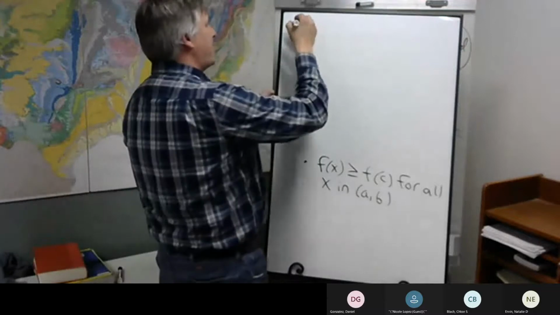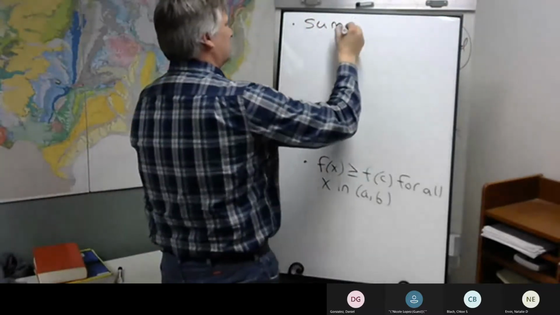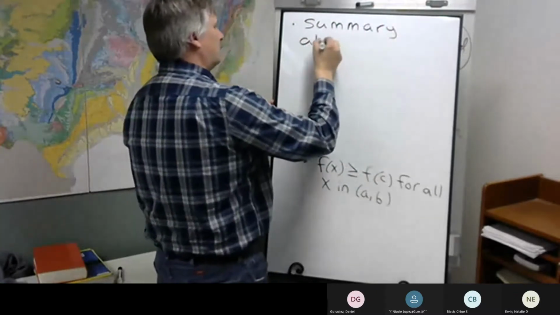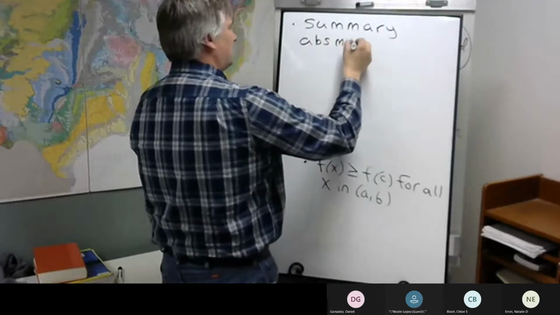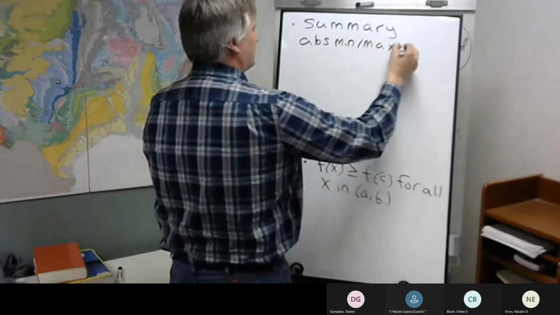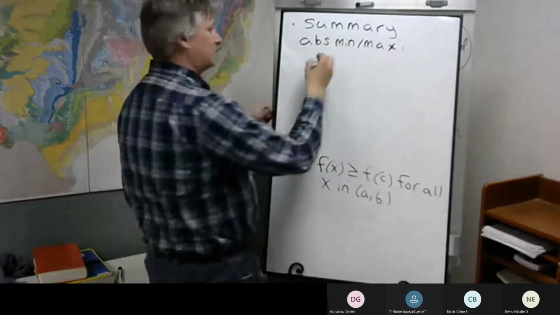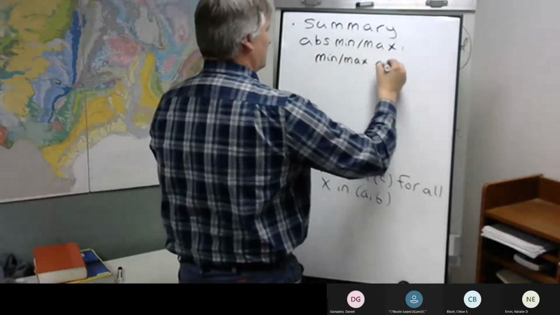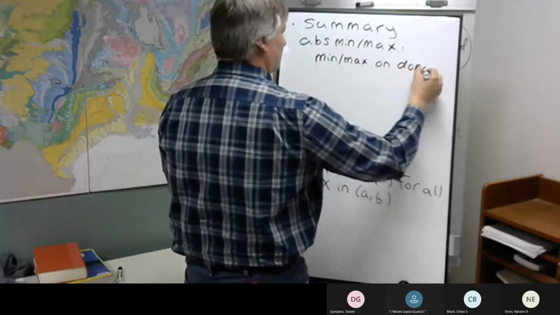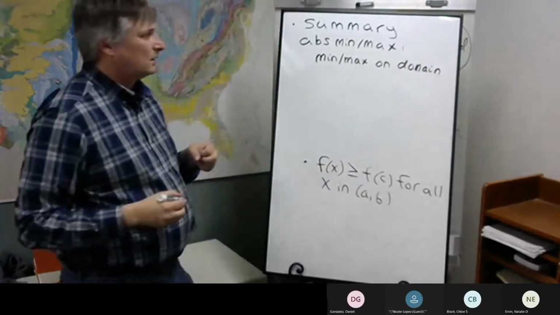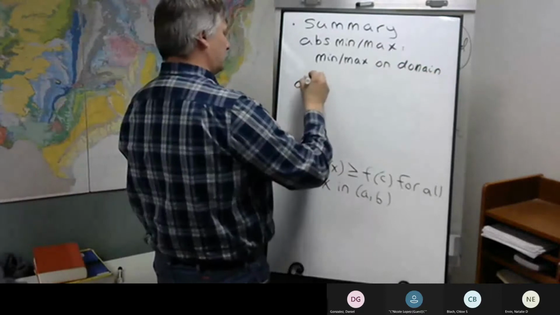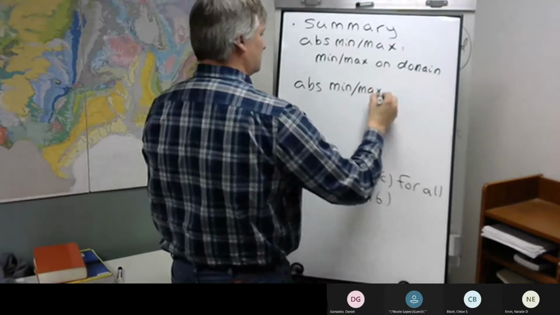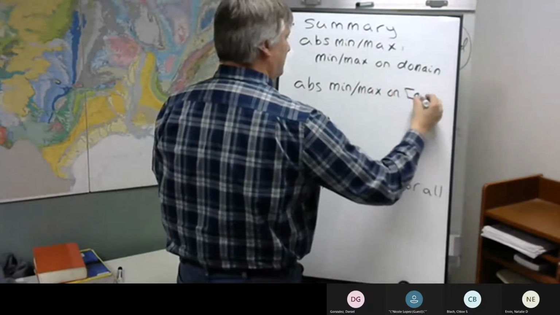So just to summarize what we have so far. Absolute min-max. This is the domain. And then we have absolute min-max on AB.